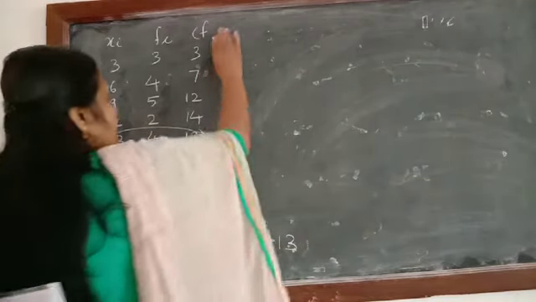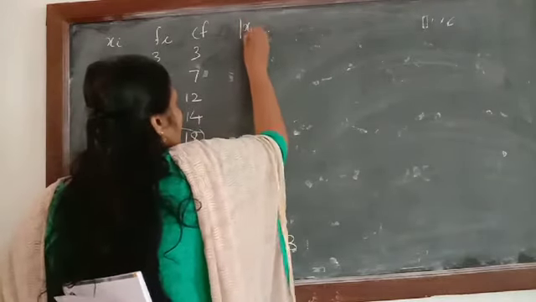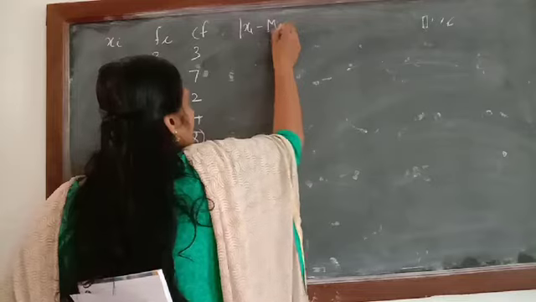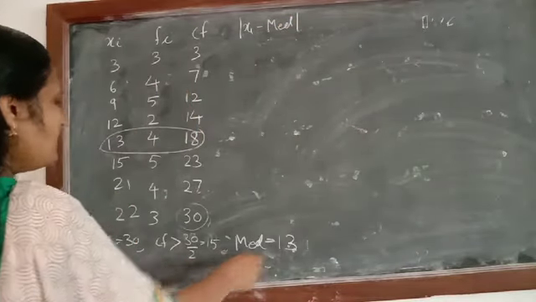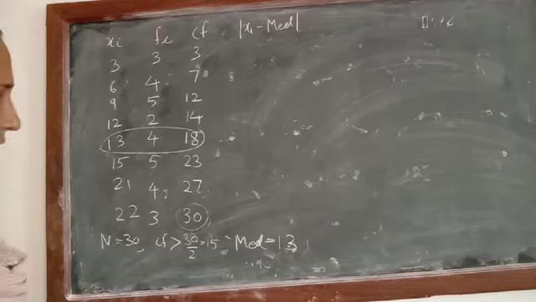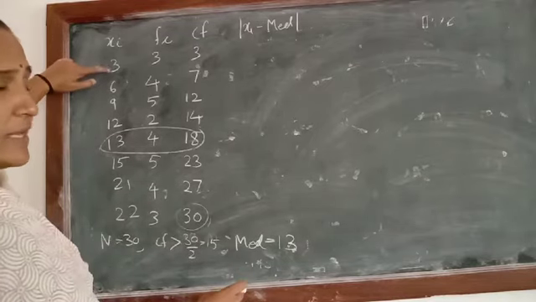Now next we have to calculate the mean deviation. So write down modulus of xi minus median. Median is equal to 13, and xi is the value we have there.